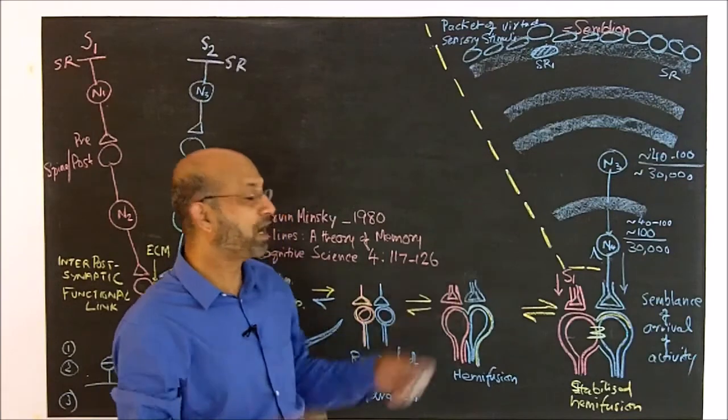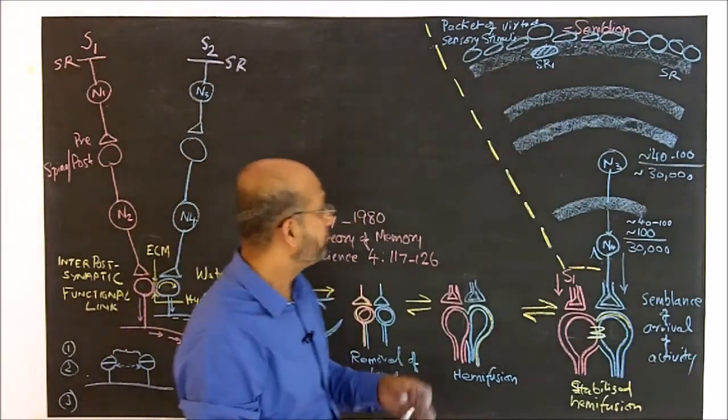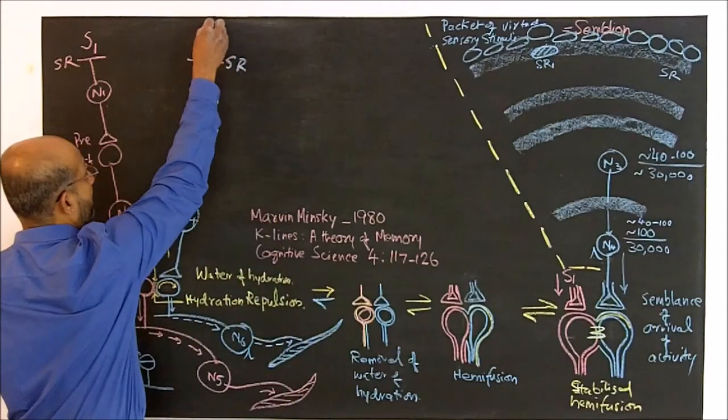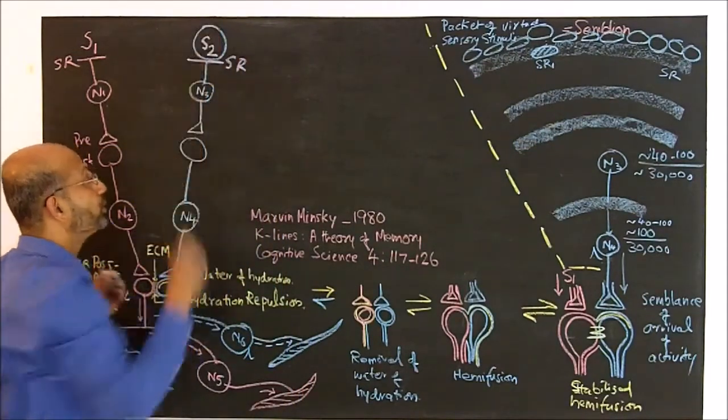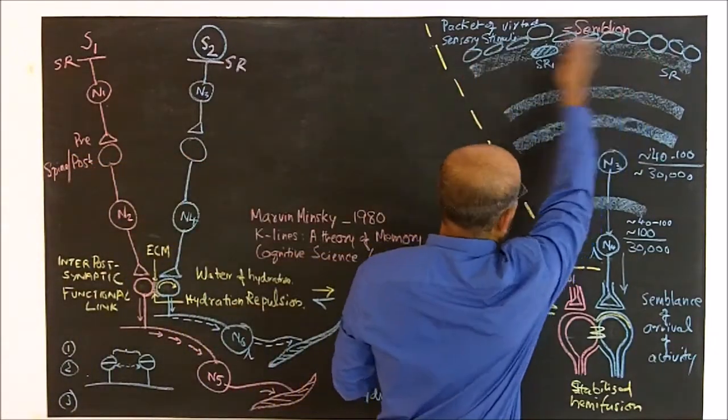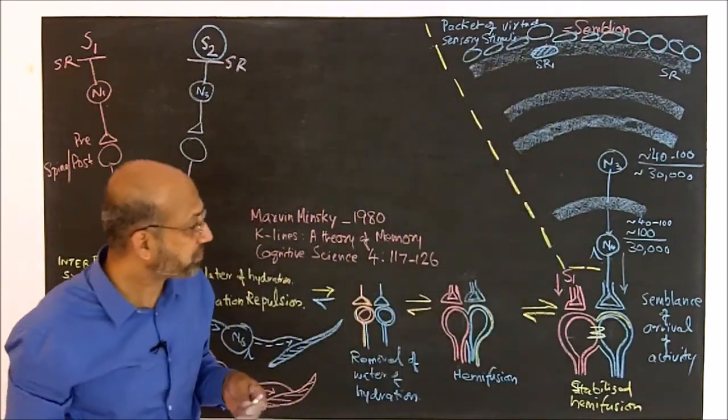Now let's find out how the qualities of the sensory stimulus S2 are induced within the nervous system from these packets of virtual sensory stimuli.